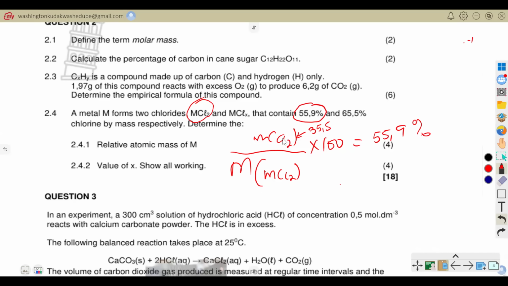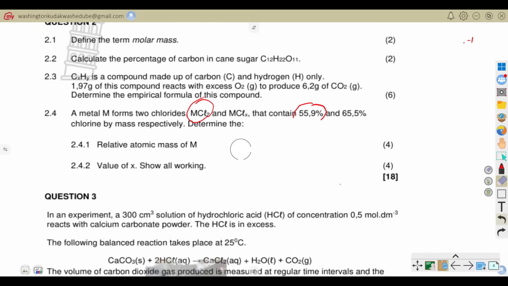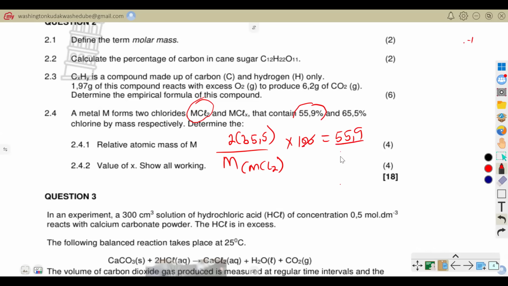So I would have 2 times 35.5 divided by the total molar mass of that compound times 100 equal to 55.9. And then if I divide by 100 throughout, I'll cancel out this, and this side will be divided by 100.